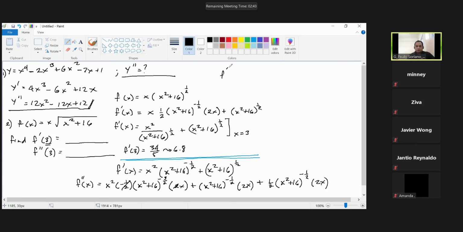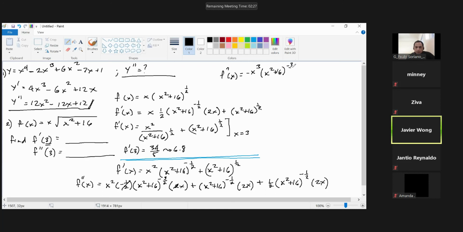So f double prime of x is equal to negative x cubed multiplied to (x squared plus 16) raised to negative 3/2.